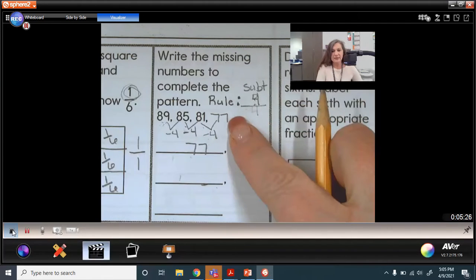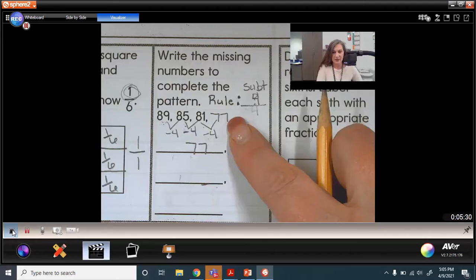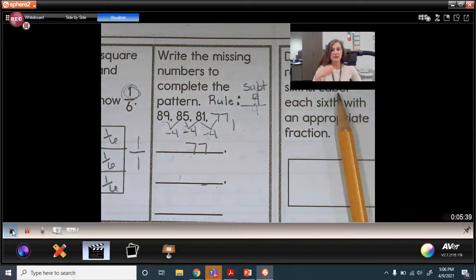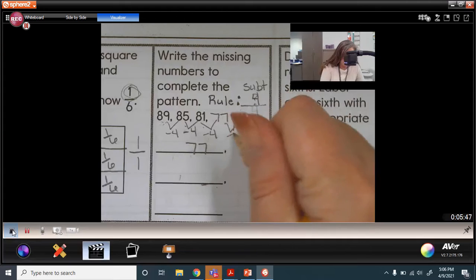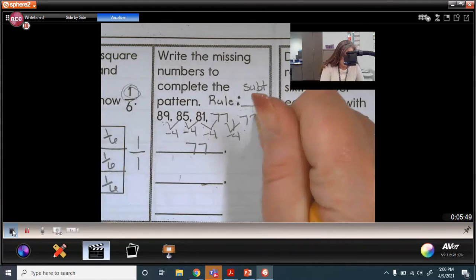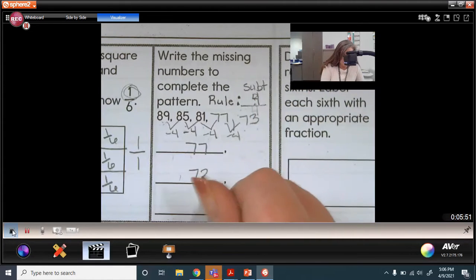I'm going to subtract 4 more from 77. And if you know how to subtract 4 from 7, that would be 3. So if I go 76, 75, 74, 73. So when I subtract 4 more, that's going to be 73. So I'm going to place that number here.